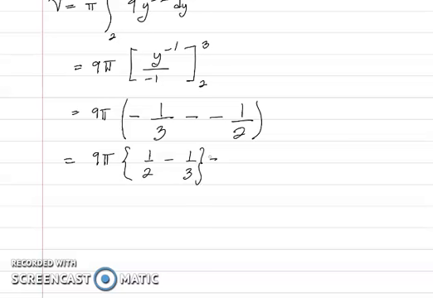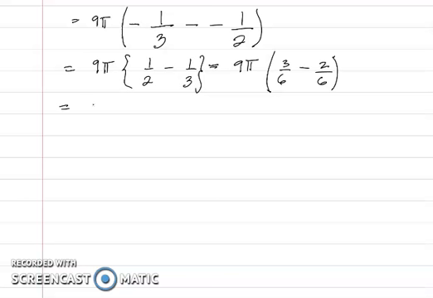So this is equal to 9 pi, and a half is the same as saying 3 over 6 minus 2 over 6. And so that is 1 over 6. So this becomes 9 pi multiplied by 1 over 6. 3 into this is 2. 3 into this is 3. Our final answer is 3 over 2 pi cubic units.